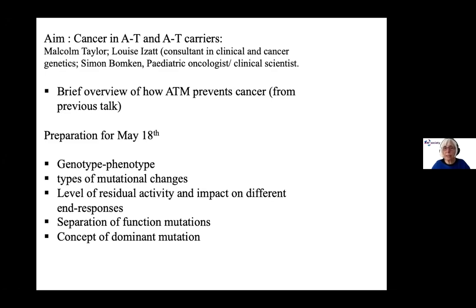So what I wanted to do today is just give you a fairly brief overview, which is really a bit repetitious, of why ATM individuals are prone to cancer and carriers.